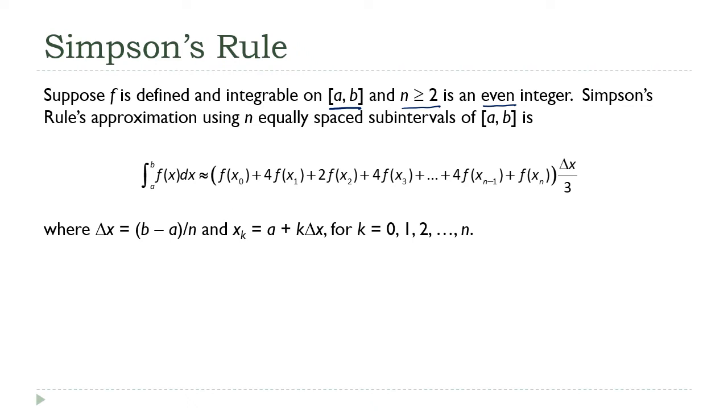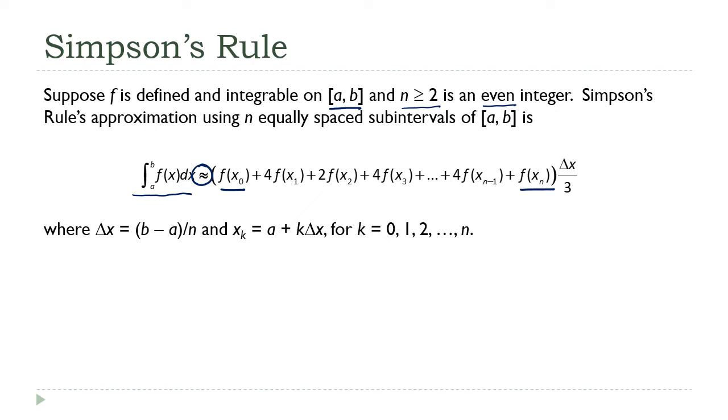Then Simpson's rule says the area, that's the integral here, is again approximately equal to the pattern that we come up with here. It's the first point and the last point, and the ones in the middle alternate 4 times, 2 times, 4 times, 2 times, etc. So we have to have this pattern in the sums.